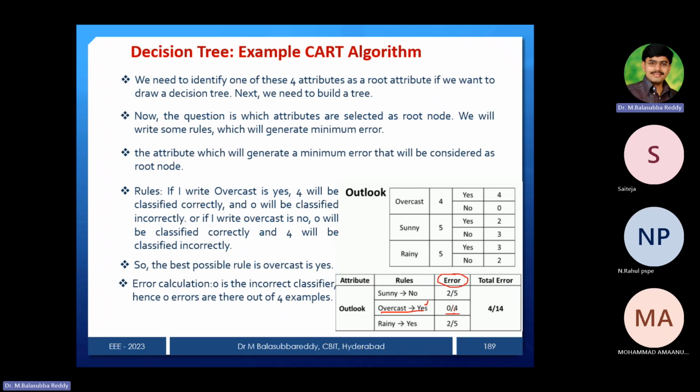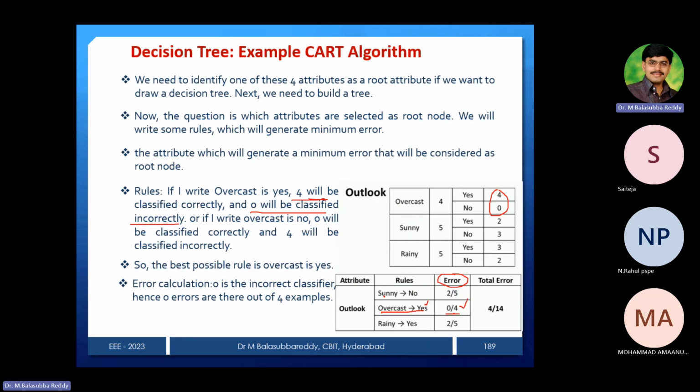That is the only formula. What is the number of incorrect here? If I take overcast is yes, then 0 will be classified incorrectly. As per our formula, incorrect count divided by total, so the error is 0 by total, and this total is 4.